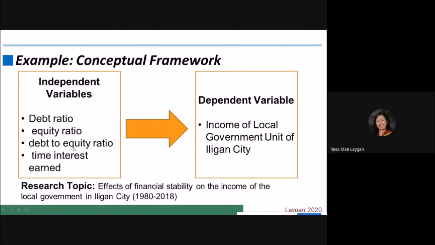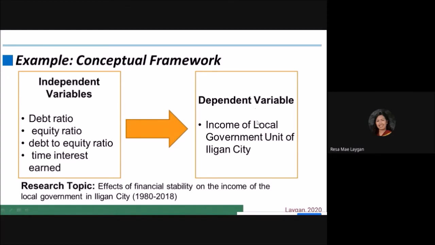This is simple because I just want to assess the effect of financial stability, which is indicated by the debt ratio, equity ratio, debt to equity ratio, and times interest earned. So these are the indicators of my financial stability.